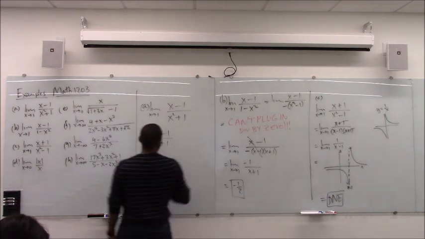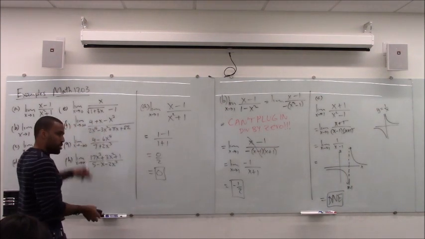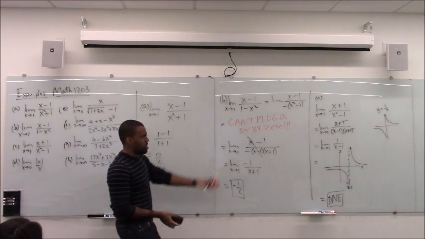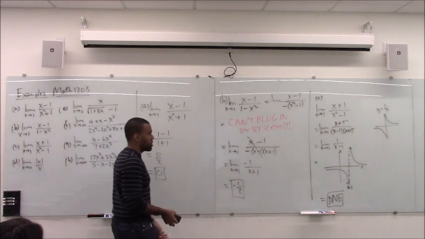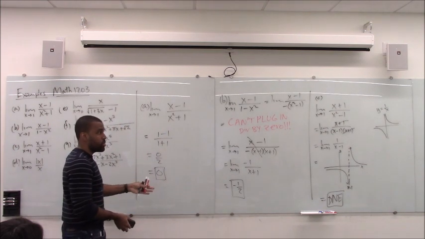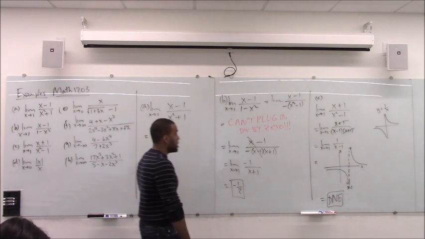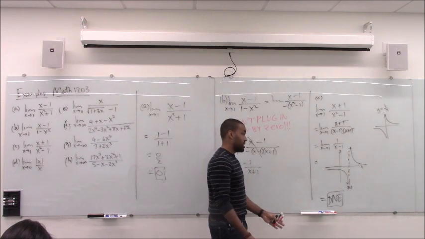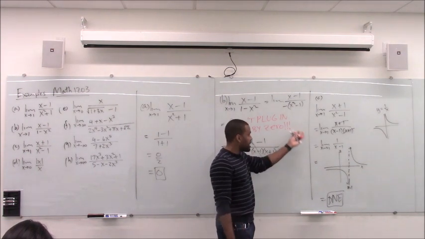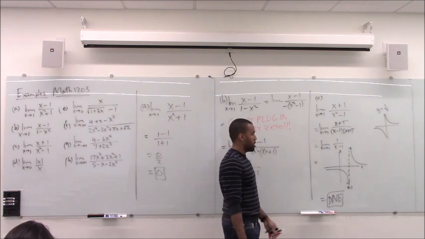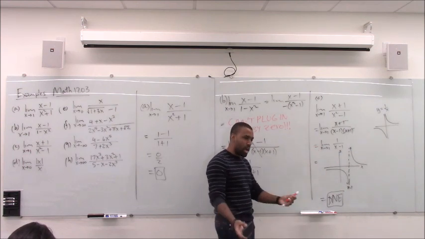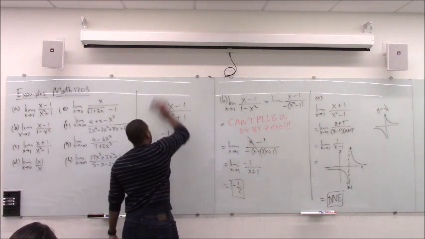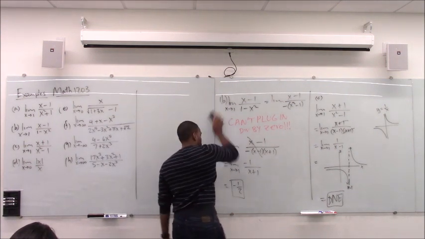Okay. And again, you're going through the strategy. Step 1, you always try to plug in. Step 2, if you can't plug in, because you divide by 0, or there's a negative under a radical or whatever, try to simplify to see if you can plug in afterwards. Step 3, I didn't tell you special techniques yet, so let's skip over that. Step 4 would be, if after I simplify I still can't plug in, then we do a graph or a table of values or something like that to try to figure it out.